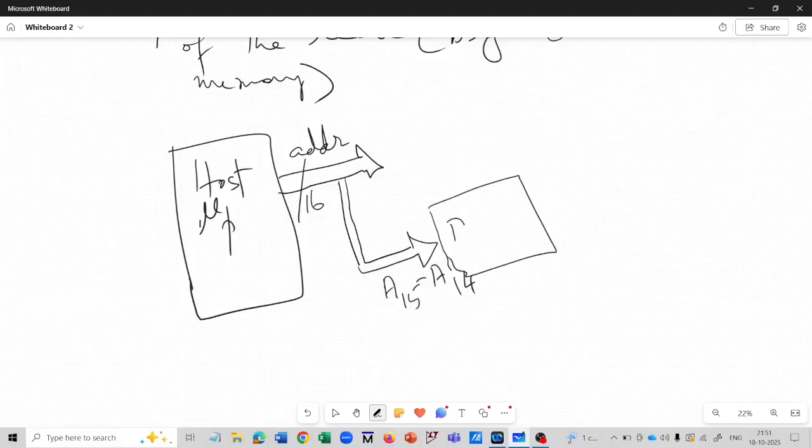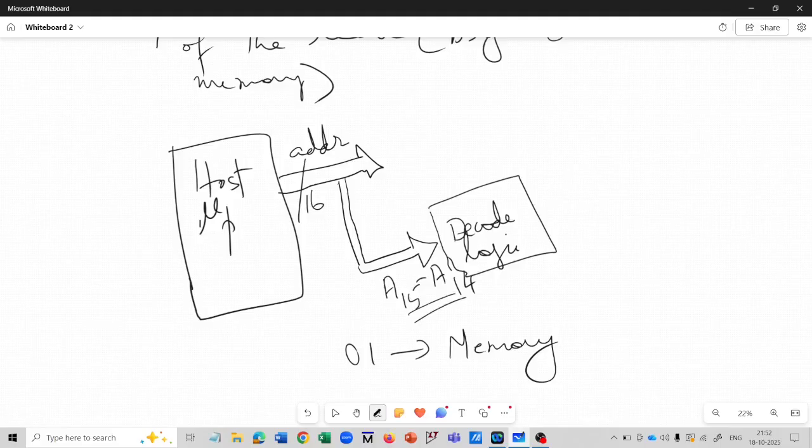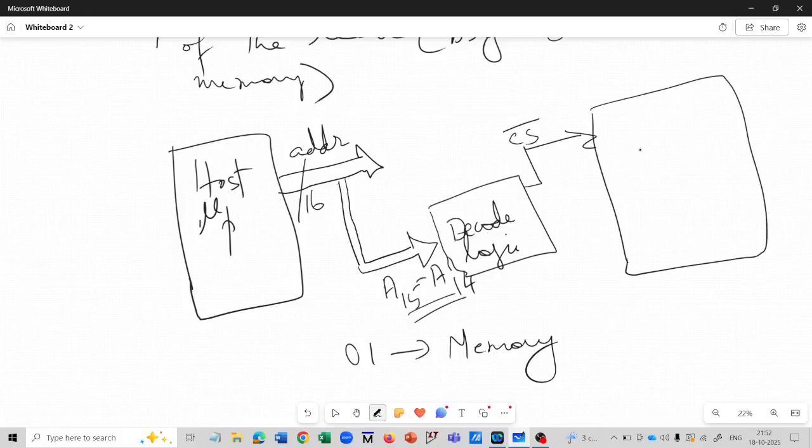Now let us assume that this goes through a decoding logic. The design of the decoding logic is out of the scope of our discussion. And let us also assume that, say, the address 01 is for our memory, the memory that we are interfacing to the controller. So when 01 is received in the address bits A15 and A14, there is a chip select which is meant for our memory, and this chip select will be connected to the memory controller.